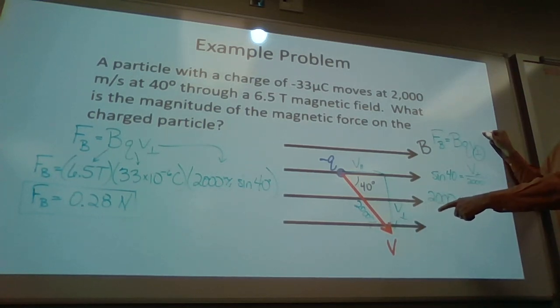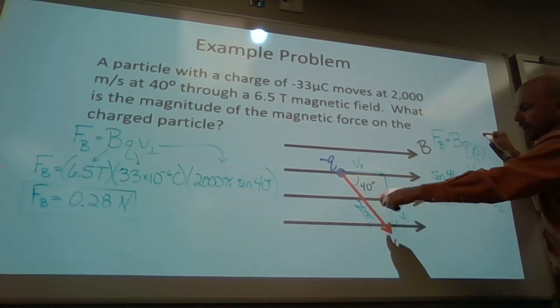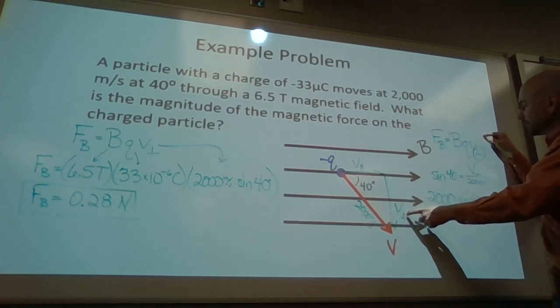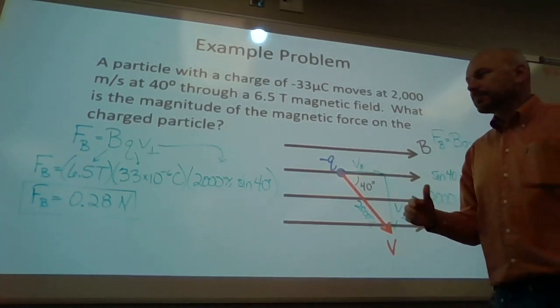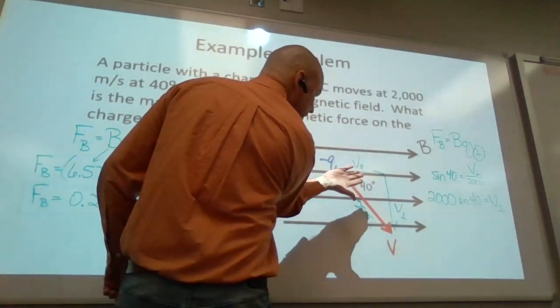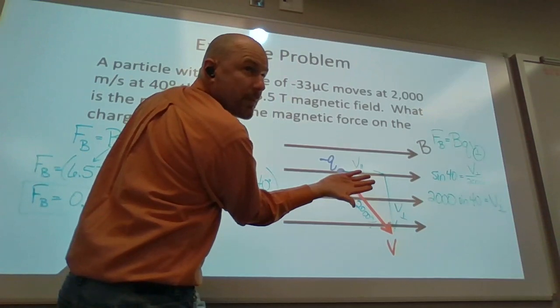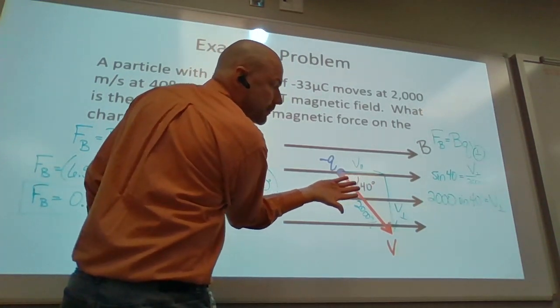Does that make sense? Do not stick your thumb in the direction of the red arrow, I just care about the perpendicular component. Okay? So your hand should look like this. Okay?